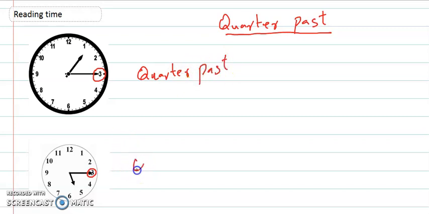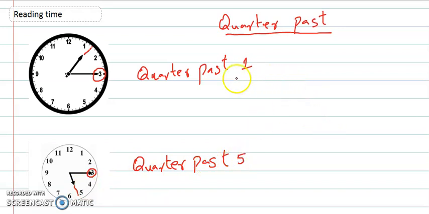Quarter past what? After that you look at the hour hand. Here the hour hand is between 1 and 2, but it is near to 1, so I will say quarter past 1. And here the hour hand is between 5 and 6, but it is near to 5, so I will say quarter past 5.